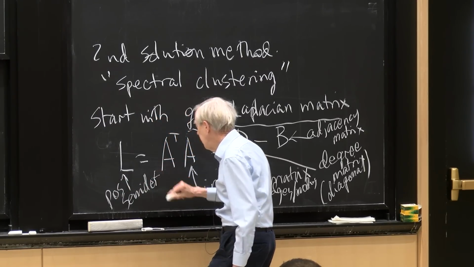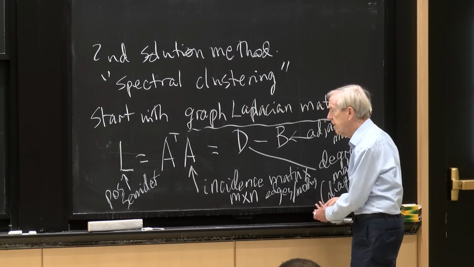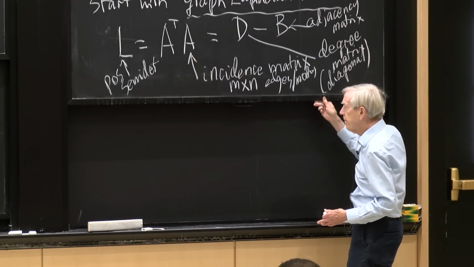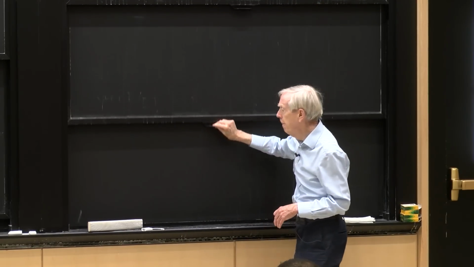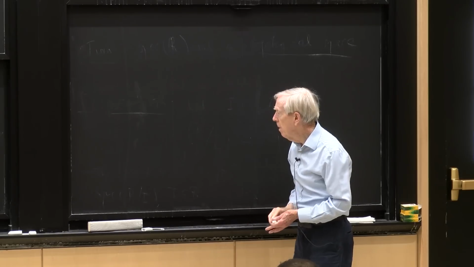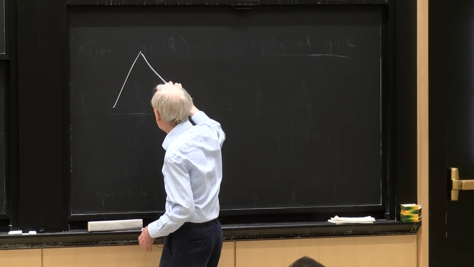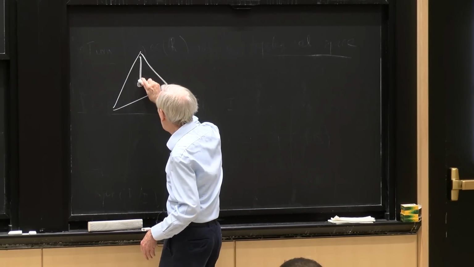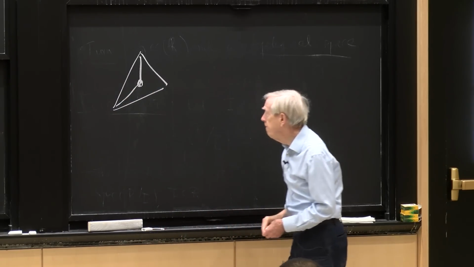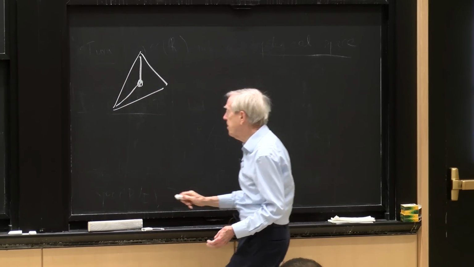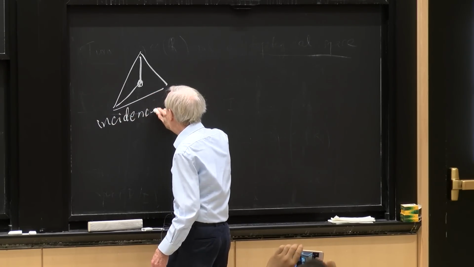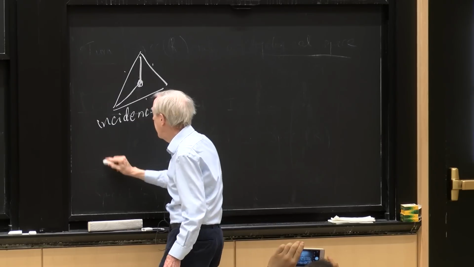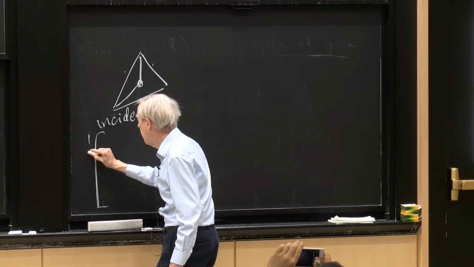Let me just recall what all these matrices are for a simple graph. Okay, so I'll just draw a graph. All right. So the incidence matrix: there are 1, 2, 3, 4, 5 edges, so 5 rows.